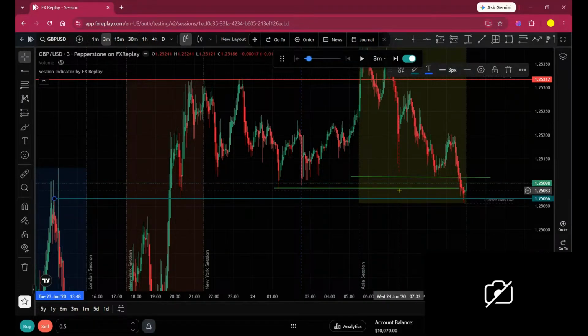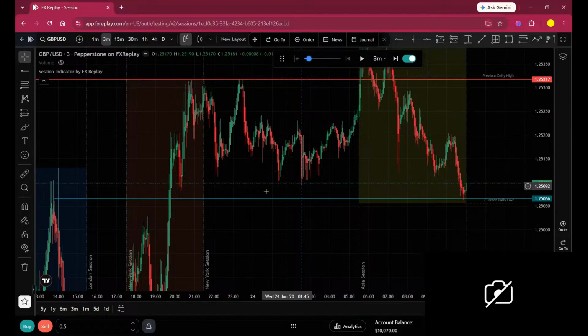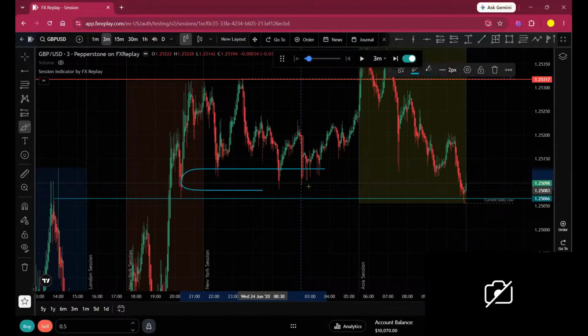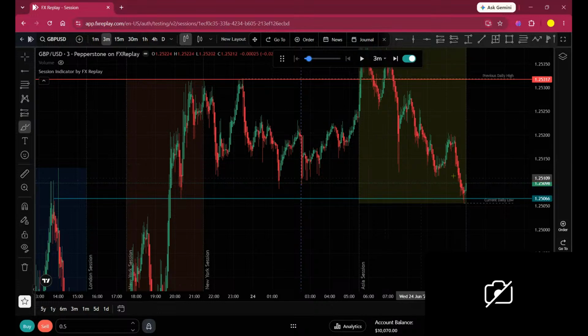It swept all the bottom liquidity. These were liquidity, right? These were liquidity and the market has swept. This low has swept all the liquidity.